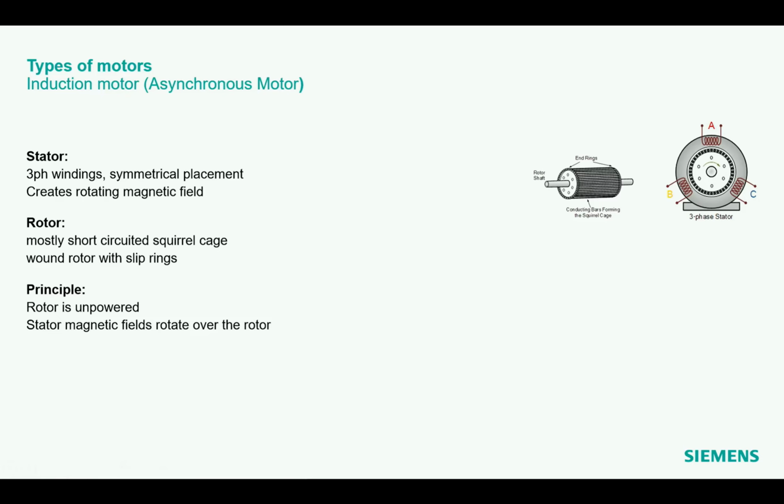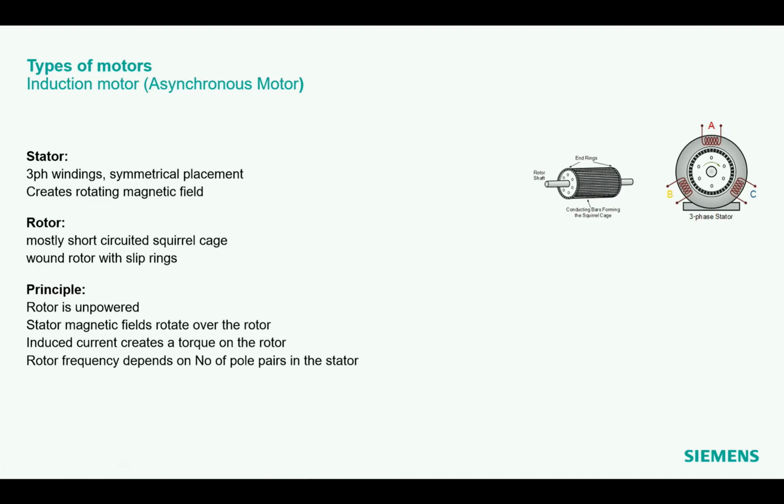And due to Lenz's rule, the rotor tries to compensate that. So it starts to rotate to decrease the speed of the field that rotates over the rotor. So the rotor is accelerated, runs, and then drives the connected machine on the motor.